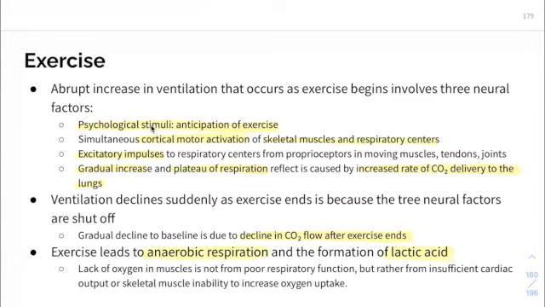Technically, our muscles cannot use lactic acid. They have to convert it back to pyruvic acid, and then they can put the pyruvic acid into the aerobic respiration, which is the Krebs cycle and the electron transport chain to make ATP. But your heart uses lactic acid for energy to make ATP, actually.